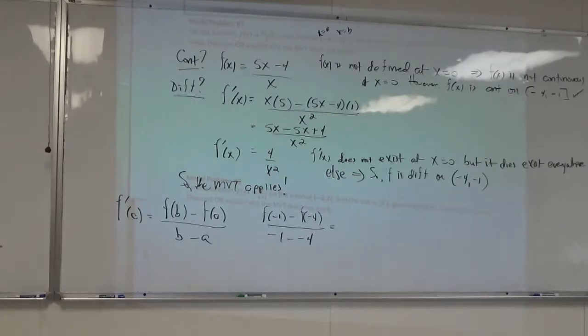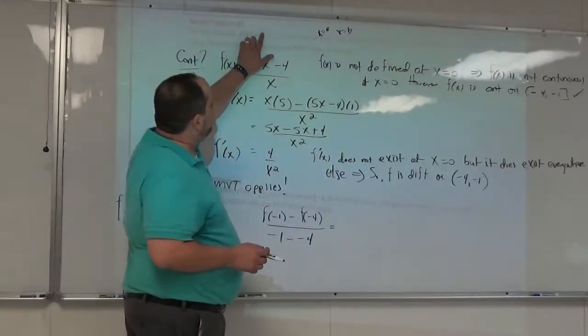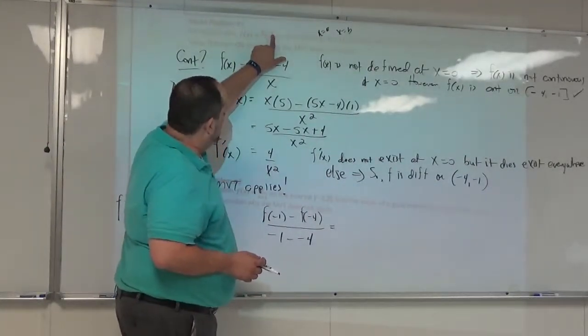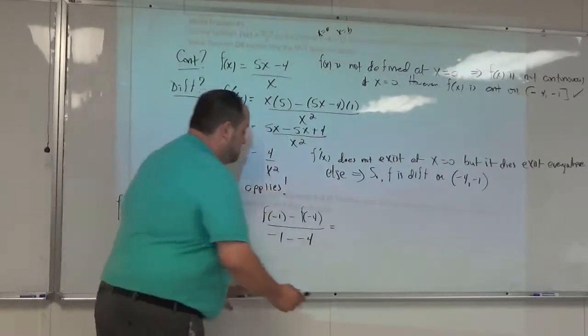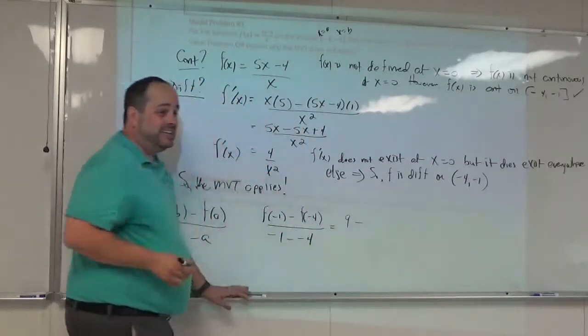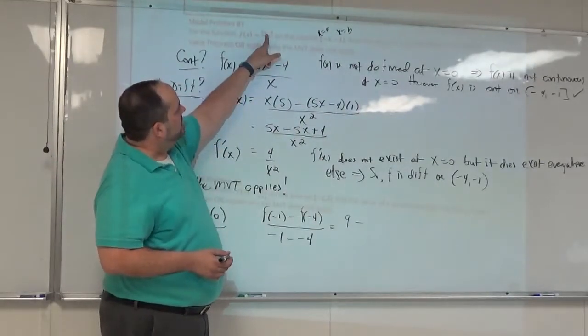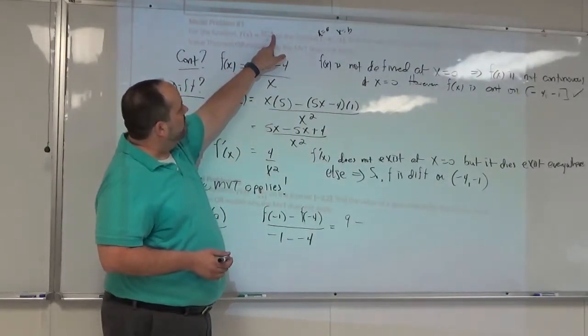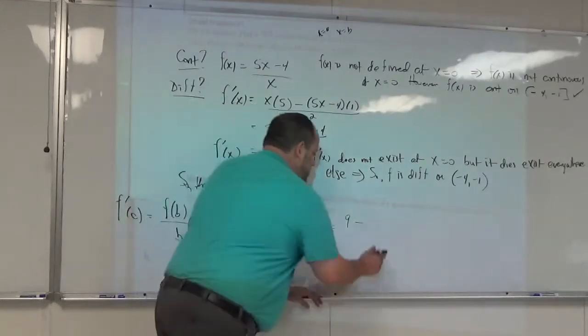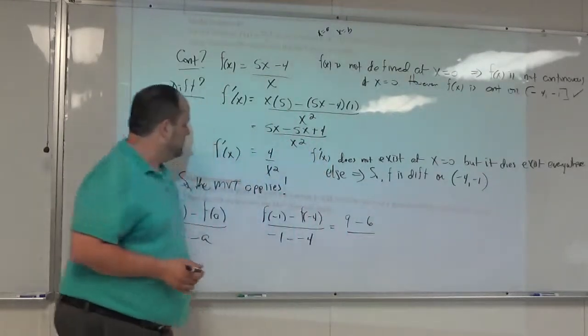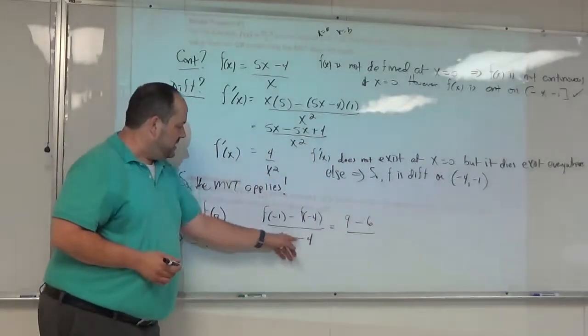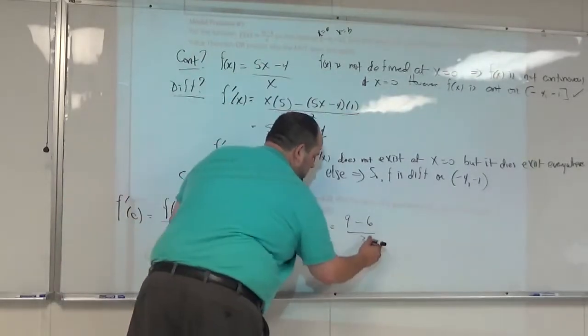What is that? 5 times -1 is -5, minus 4 is -9, divided by -1 is 9. F of -4, 5 times -4 is -20, minus 4 is -24, divided by -4 is 6. -1 minus -4, same as -1 plus 4, is 3.